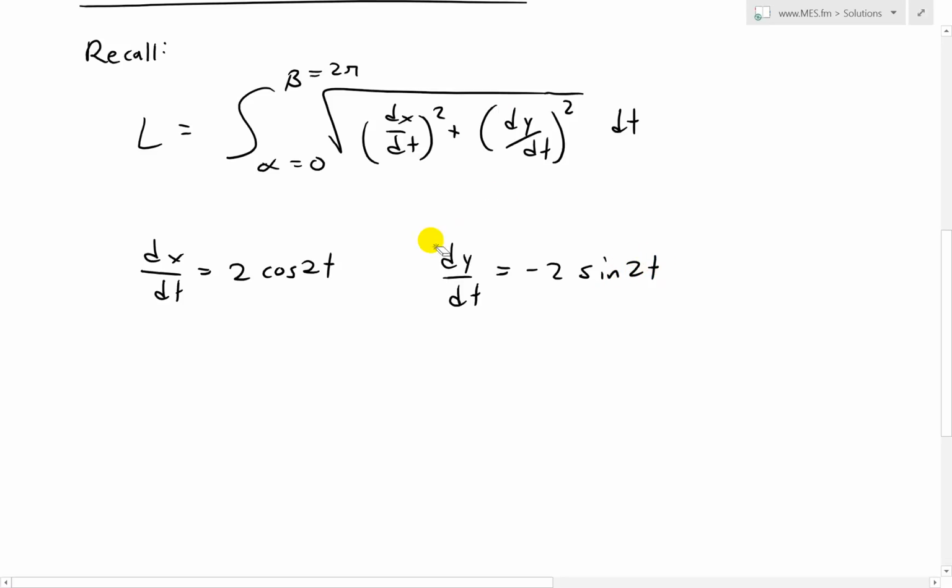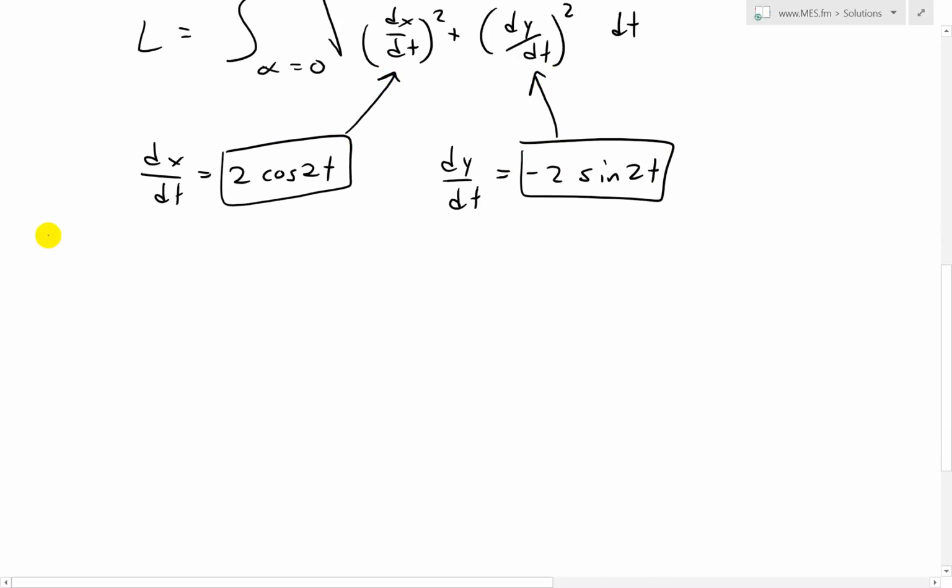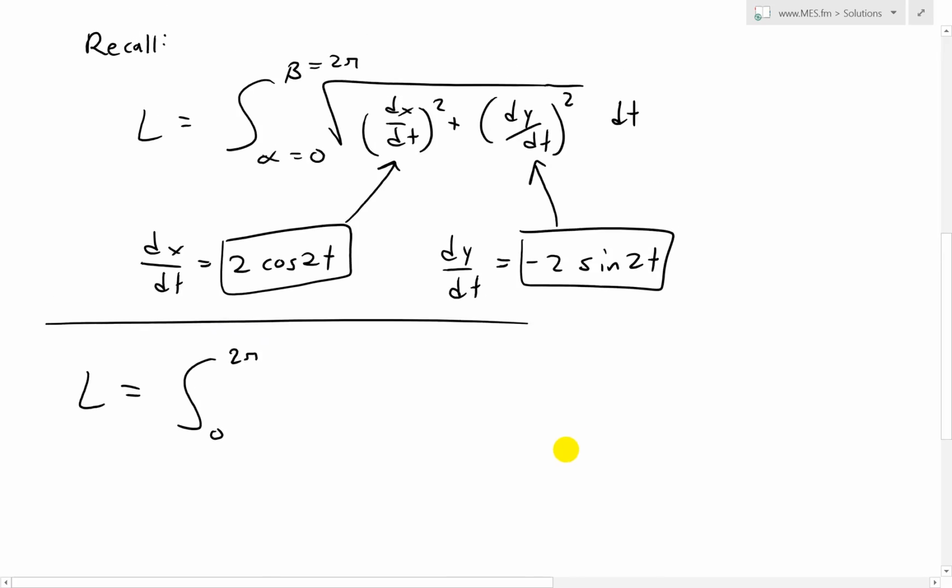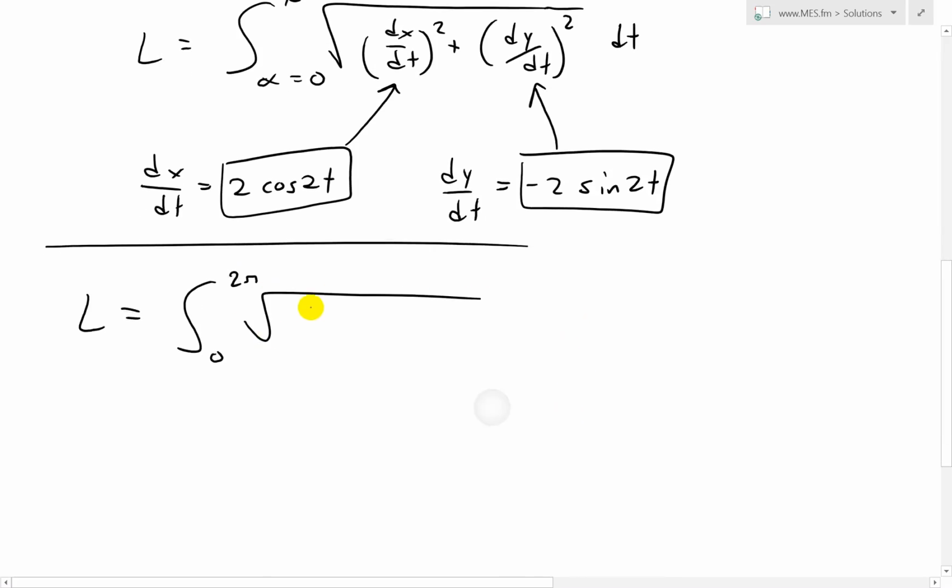Now what we can do is plug these in and start solving our arc length. So L is equal to the integral from 0 to 2 pi of this giant square root of (2 cosine 2t) squared plus (negative 2 sine 2t) squared dt.